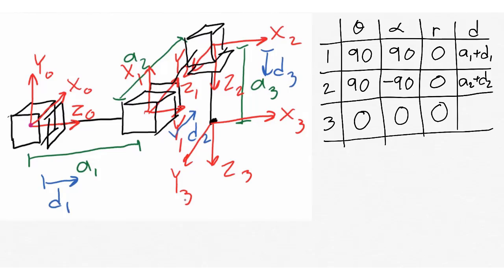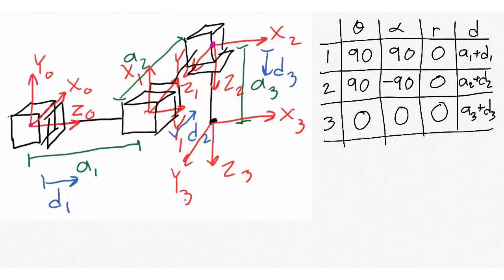Let's do the last one. D in the third row is the distance between the center of frame 2 and the center of frame 3 in the Z2 direction. Just like the other two, this has a component that is the link length plus a component that is the joint variable. So D in the third row is A3 plus D3.